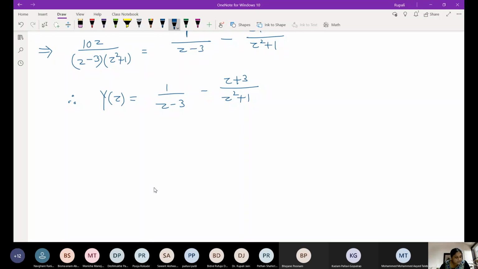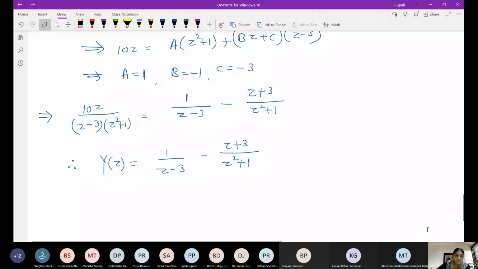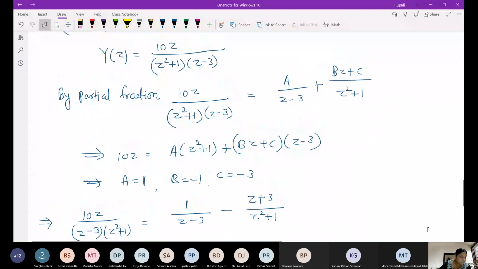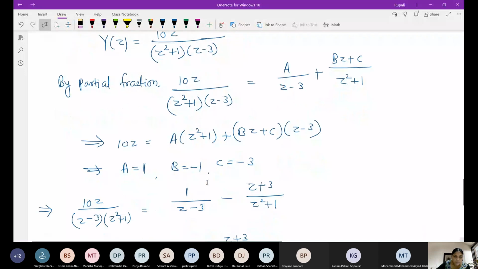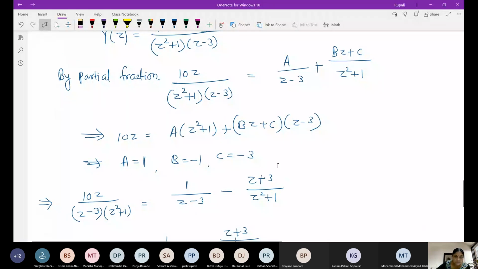Whether everybody is getting that answer? How are you getting A is equal to 1, B is equal to minus 1 and C is equal to minus 3?